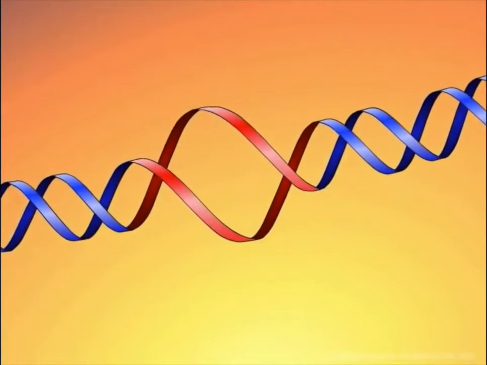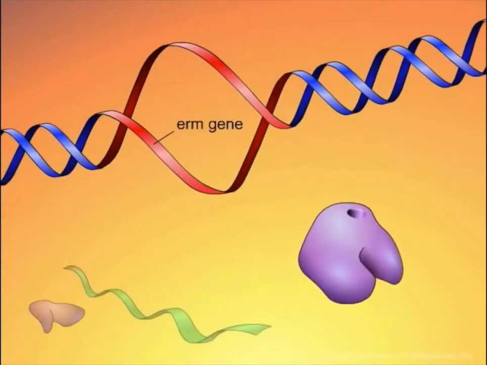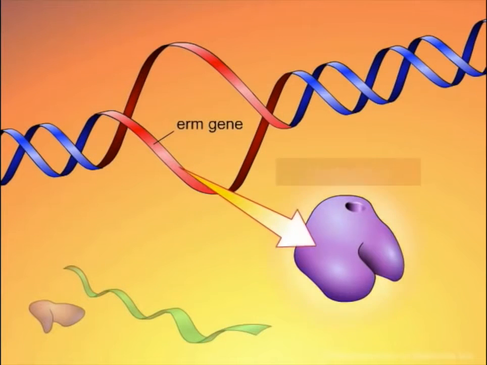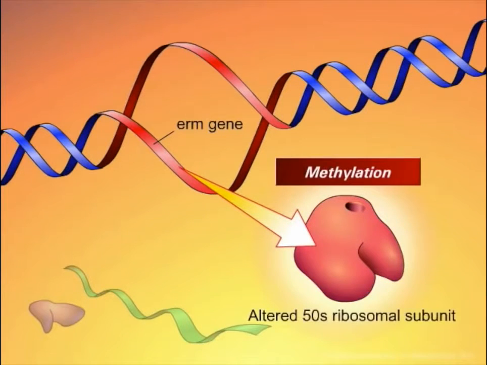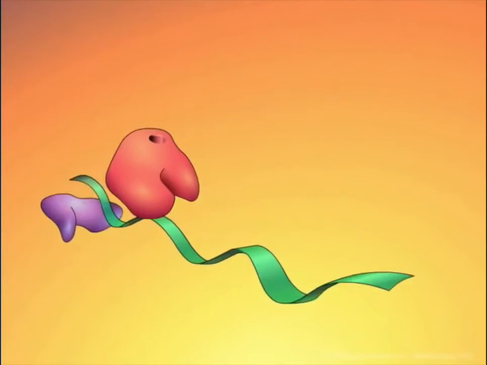During the process of protein synthesis, this bacterium will transcribe and translate the genetic code of the gene, resulting in the production of a protein enzyme capable of methylating the 50S ribosomal subunit at a specific position.